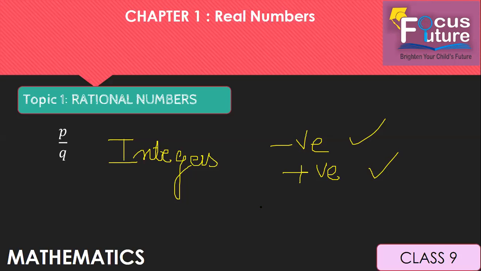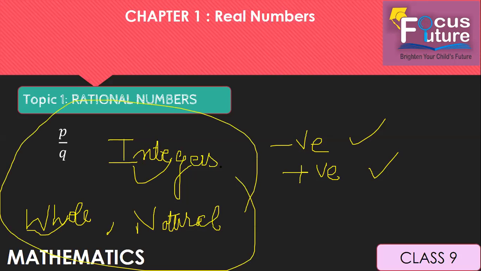So the combination of all these terms, like whole numbers, integers, whole numbers, and natural numbers, they are all called rational numbers, right? Where I already told you the condition is q cannot be 0. I hope you got this point very clearly in your mind.